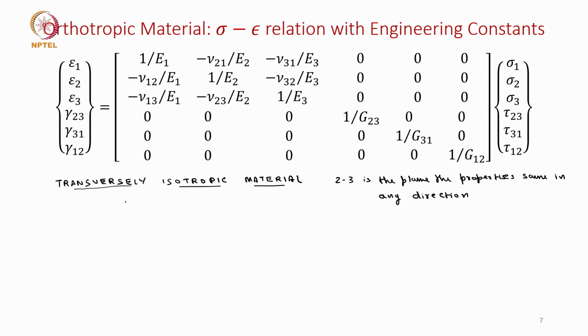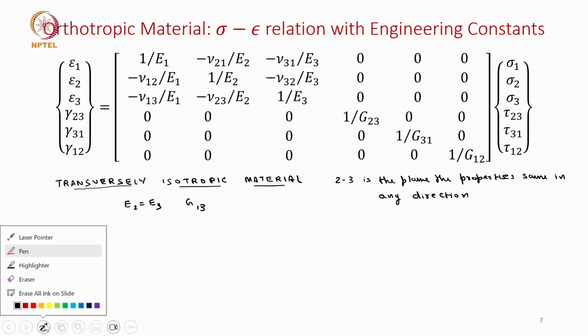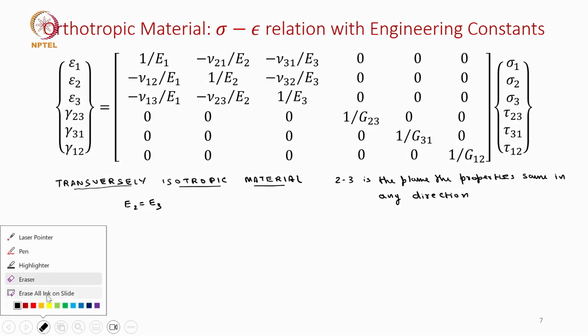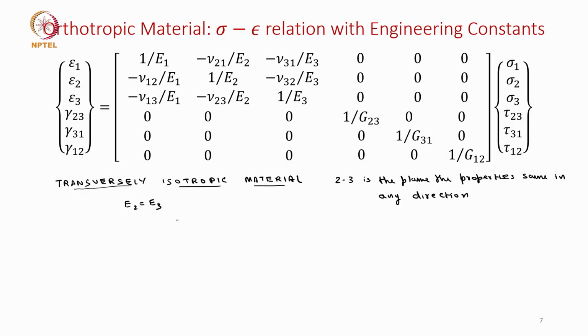Then I can write that E2 is the same as E3, and G13 is the same as G12.